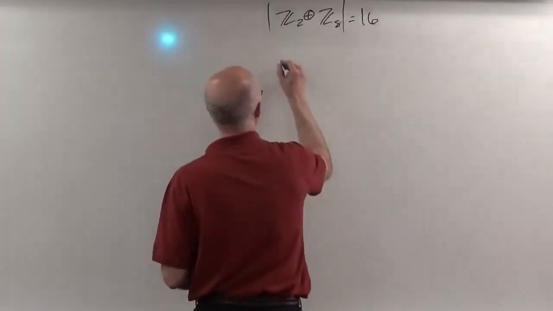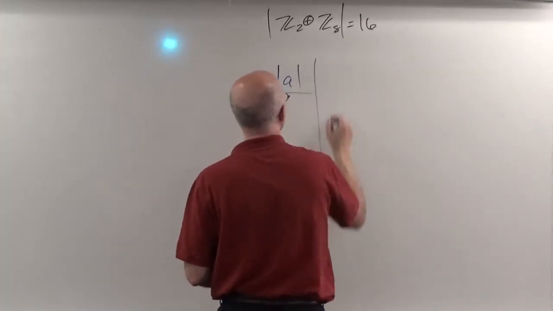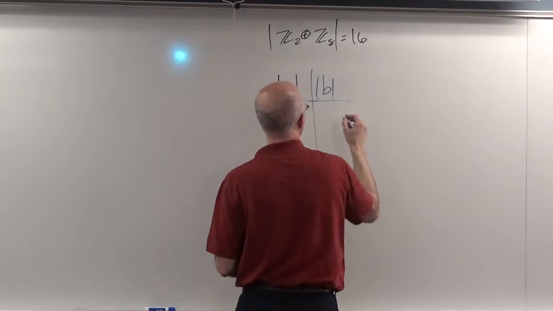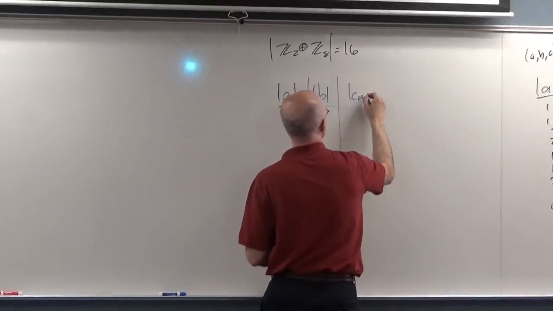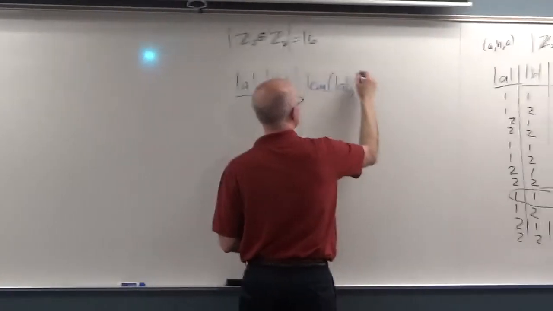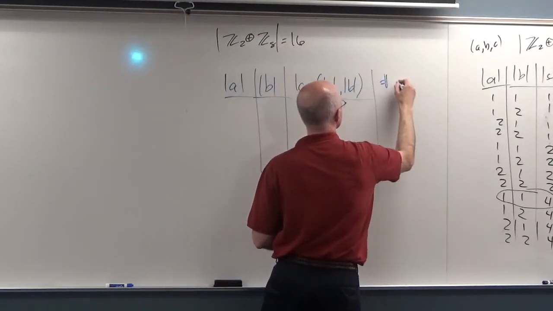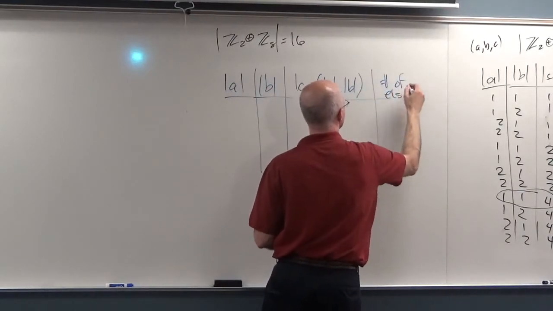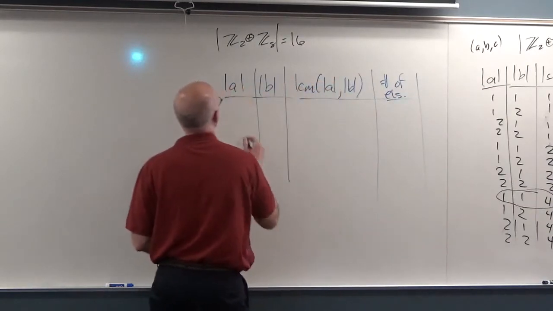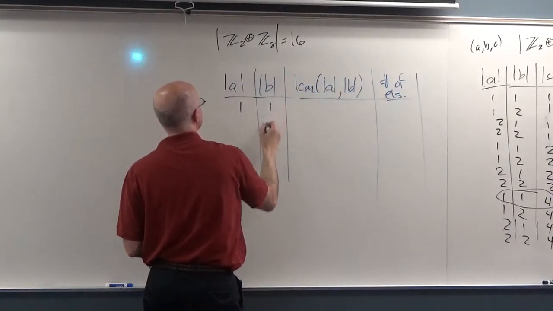Coming back to this example, we've got 2 factors in the external direct product. What are the possibilities here?